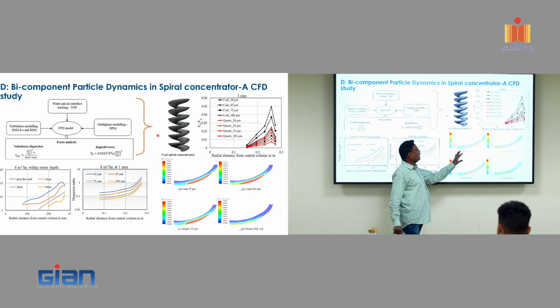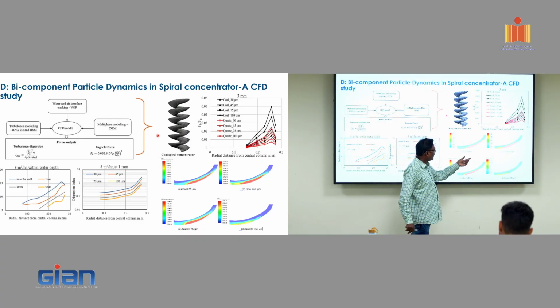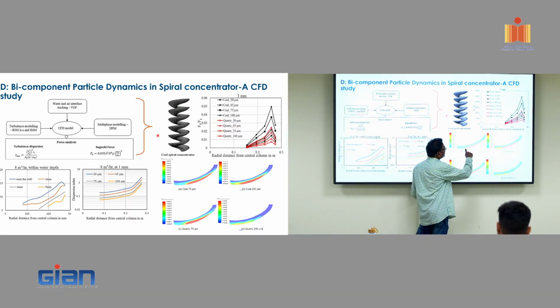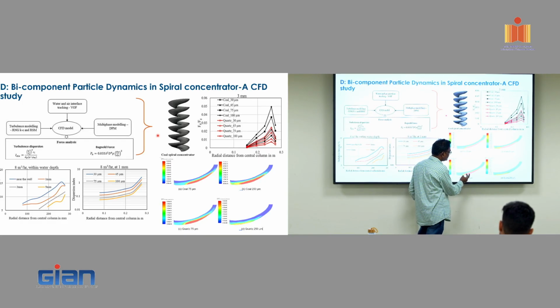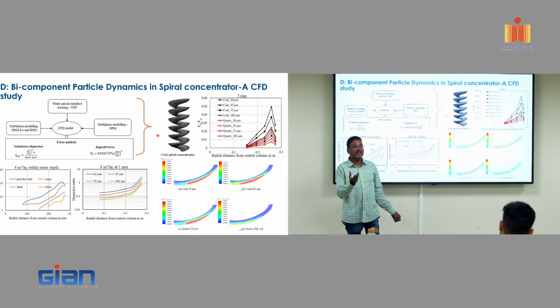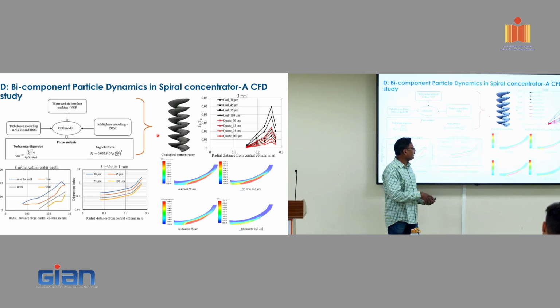For example, for 75 micron, coal is more or less segregated throughout the trough zone, but the heavy concentration is mostly here in the middling zone. Whereas with silica, the width is less compared to the coal, and the silica is concentrating more towards the inner zone, because the spiral concentrator would get the heavy density particle fraction there. That I think we have placed here.